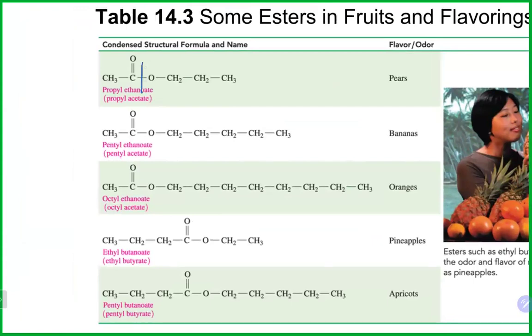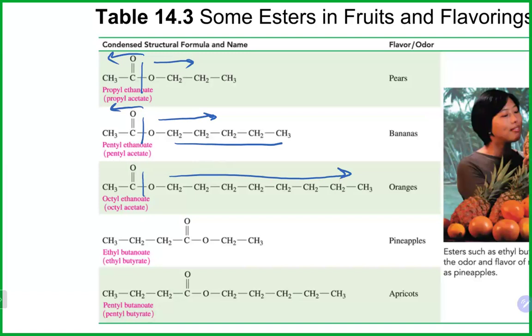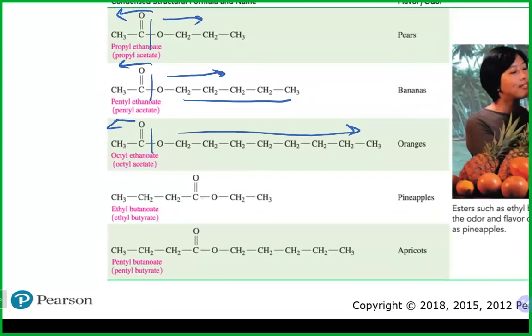Again, we would break here, carboxylic acid, alcohol. Bananas here, pentyl ethanoate, also breaking here, alcohol part, our pentyl part, and our ethanoate part there. Breaking right here, octyl ethanoate for oranges, long 8 carbons going that way for our octyl group, 2 carbons for our base. And then obviously here we would break right there.